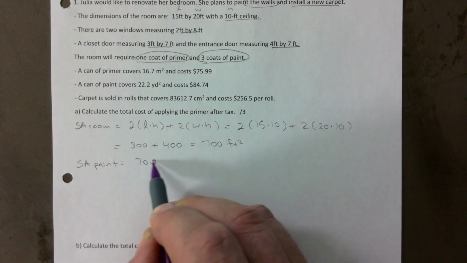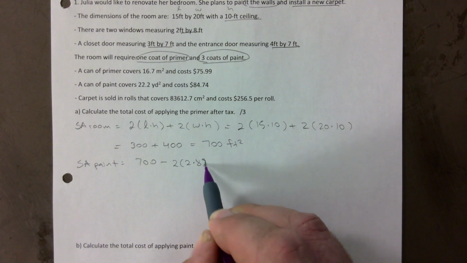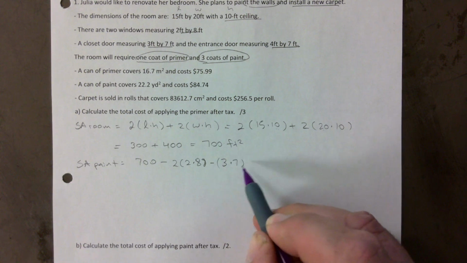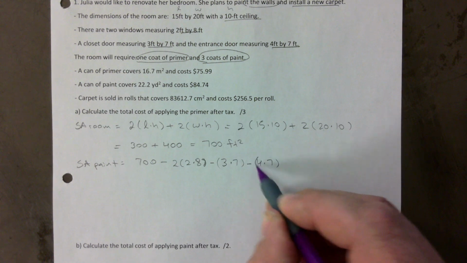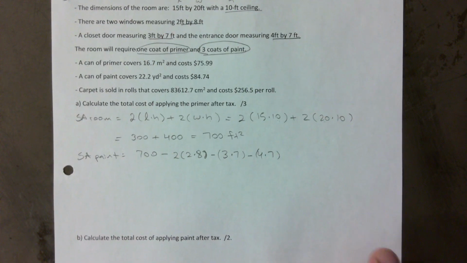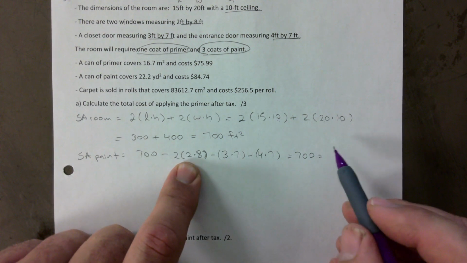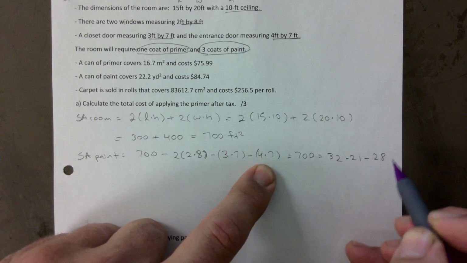Surface area to be painted, we go 700 minus 2 times 2 times 8, okay? Because there's 2 windows, minus 3 times 7, minus 4 times 7. You subtract that, so that would be 700 minus 32, minus 21, minus 28.